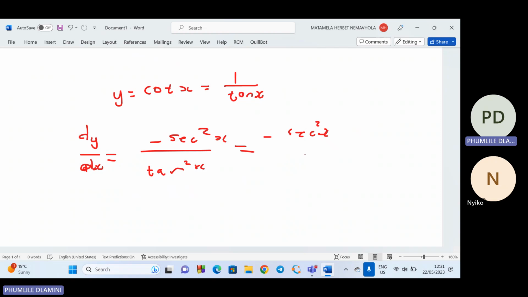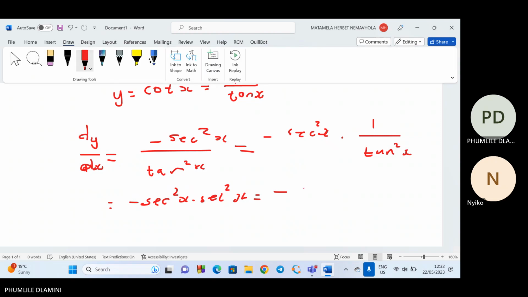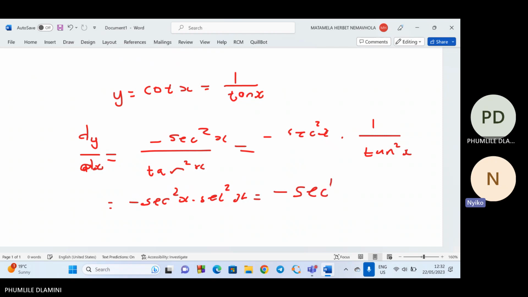So what is 1 over tan squared x? 1 over tan squared x is the same as cot squared x, which is the same as sec squared x over... So we have minus sec squared x times sec squared x again, which equals negative sec to the power 4 x.